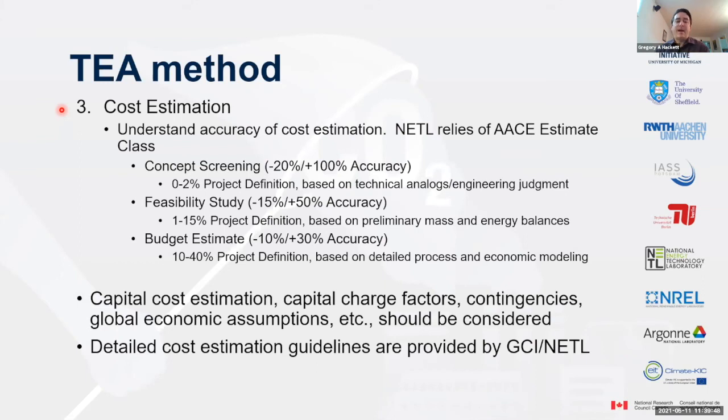So therefore, the accuracy of the cost estimation is a lot wider there. And then as you progress, you have more details on your technology. You can hone that cost estimate down as you progress up the TRL scale as well. So capital cost estimation, capital cost charge factors, contingencies, global economic assumptions should be considered.